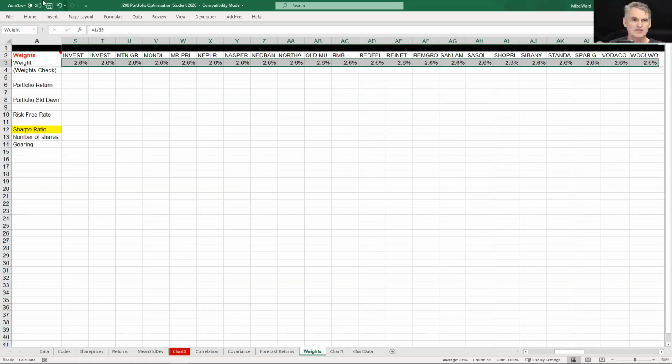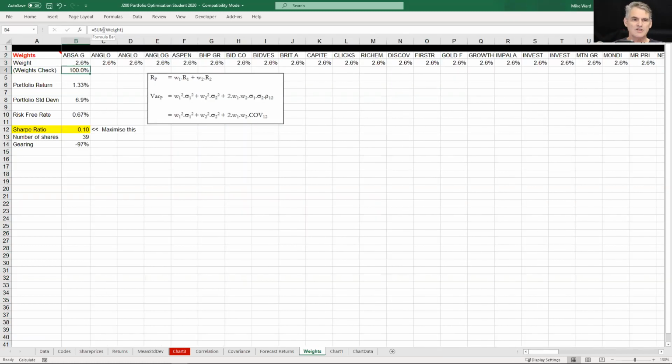In the formula here, I just said 1 divided by 39. 39 companies, let's equal weight these companies to start with. That gives me 2.6% or thereabouts for each company, and these weights add up to 100%. I am just adding them up here to make sure they come to 100%.